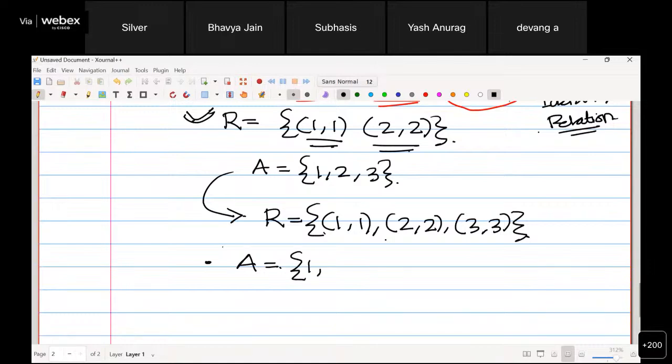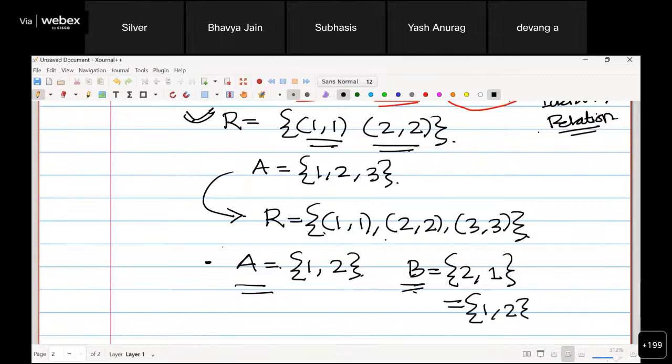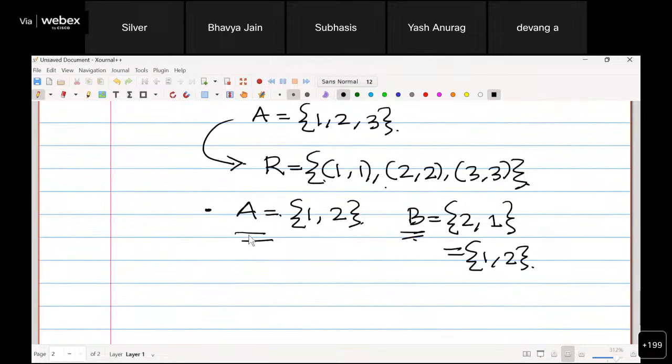And the other set is 2, 1. What do you mean by the other set? You can't define a relation. If you take the set 2, 1, they are basically the same set, right? AB and BA are the same. This is nothing but 1, 2. So they are the same set. How can you say this is a different set?